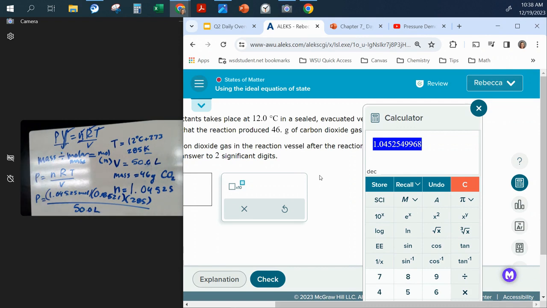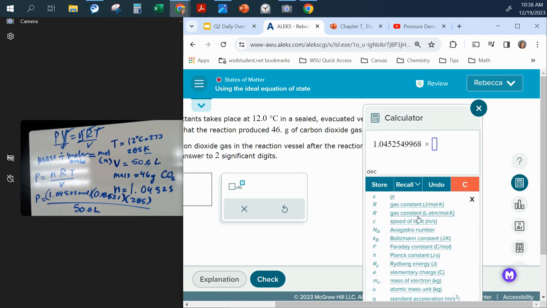And then we'll just type that in. Moles times gas constant, which is right here, times the temperature, which has 3 sig figs, and then all of this divided by the volume.